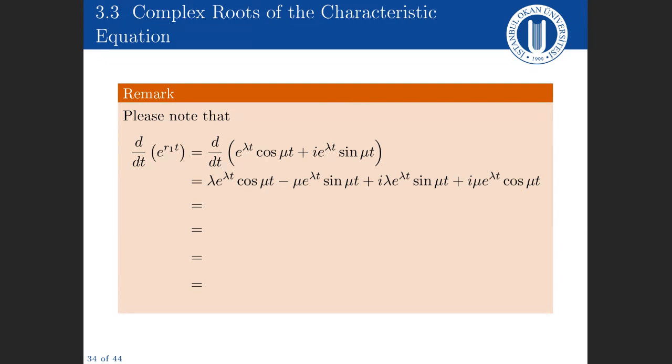Let's simplify this a little bit. Let's gather together the cos terms and the sine terms. For the cos terms, there's a lambda at the start, and we also have an i mu at the end. So lambda plus i mu. For the sine terms, there's a minus mu just here, and we also have plus i lambda.